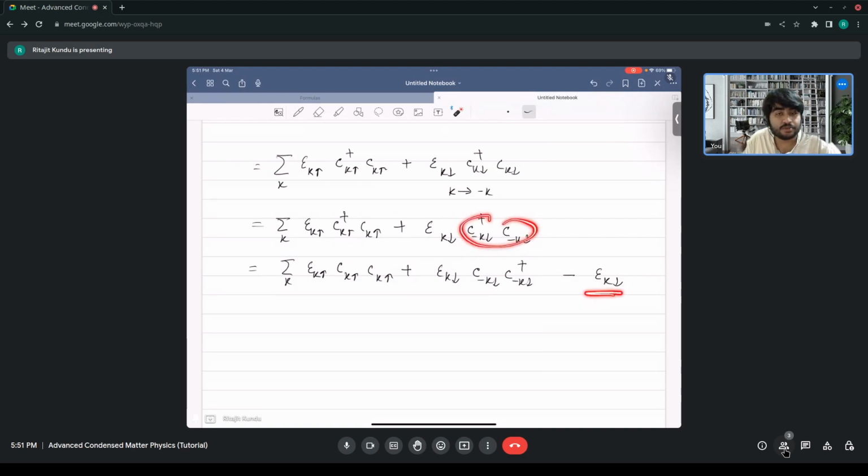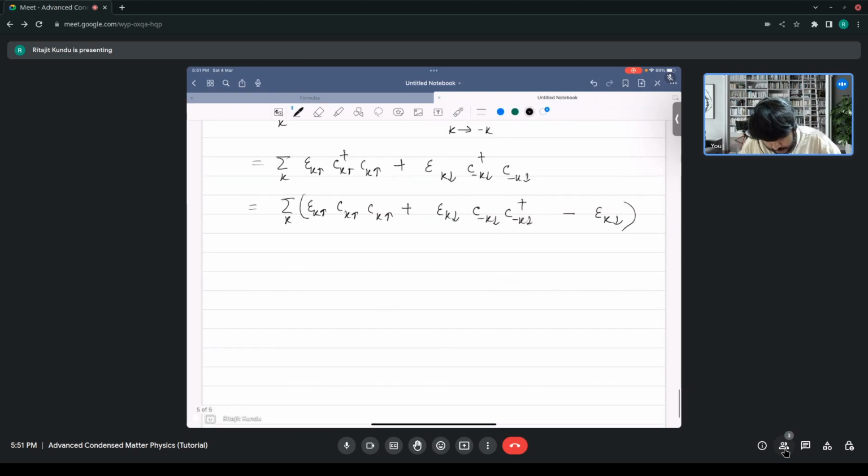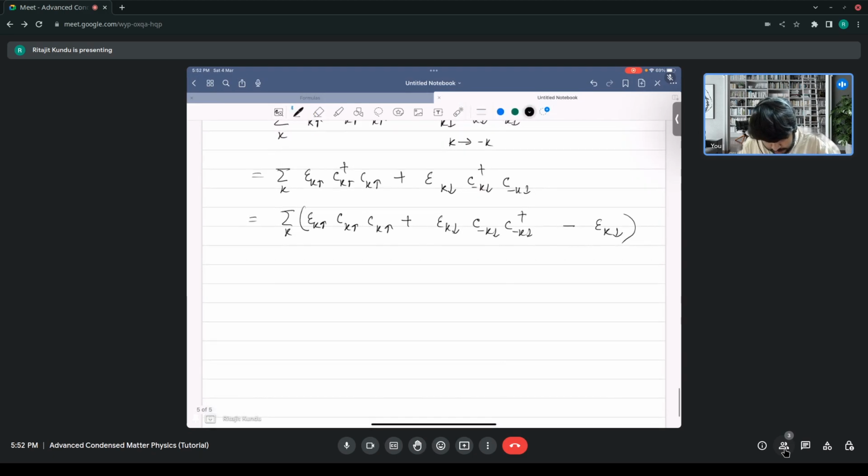There is a summation over k all over the place. Now I want to write this Hamiltonian in a basis which looks like this: ck up and C minus k down dagger. In superconductors this kind of basis is always adopted, and it is called a Nambu basis.